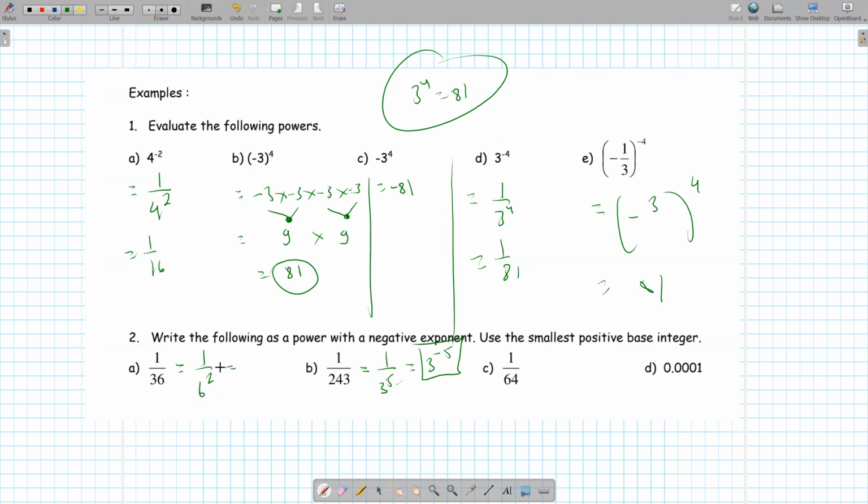Right, 36 is 6 squared, and then you move it up, you get a negative exponent. Because it says write using a negative exponent. What about C? It's 4 cubed, okay? 64 is 4 cubed, and then you just bring it up with a negative exponent. What about D?